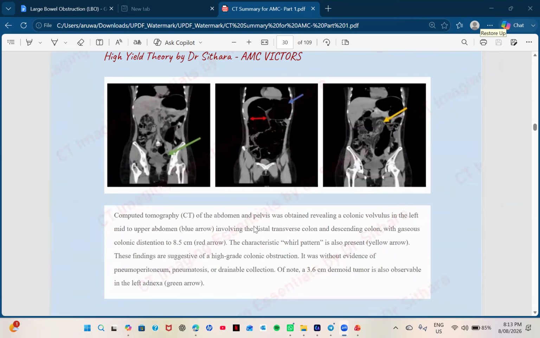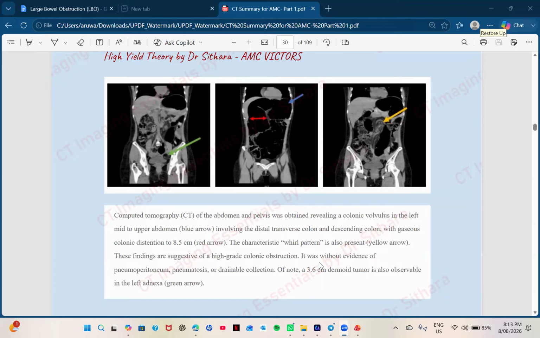CT of the abdomen and pelvis revealed a colonic volvulus in the left mid to upper abdomen, shown by the blue arrows. It involves the distal transverse colon and descending colon with gaseous colonic distension of 8.5 centimeters, red arrows.